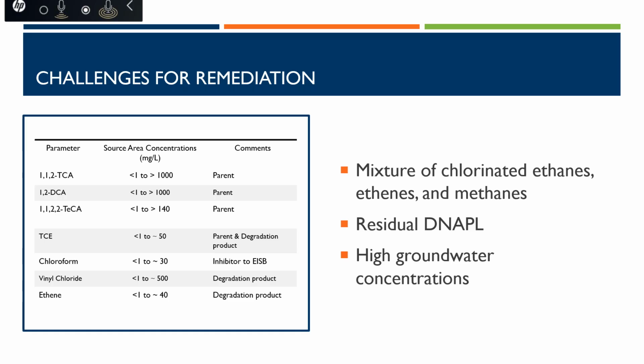And biotic and abiotic degradation of the chlorinated ethanes produced chlorinated ethenes, including TCE, DCE isomers, vinyl chloride, and ethene. And then while at a lower concentration than the ethanes and ethenes, chloroform was also present and at concentrations of up to 30 milligrams per liter historically.